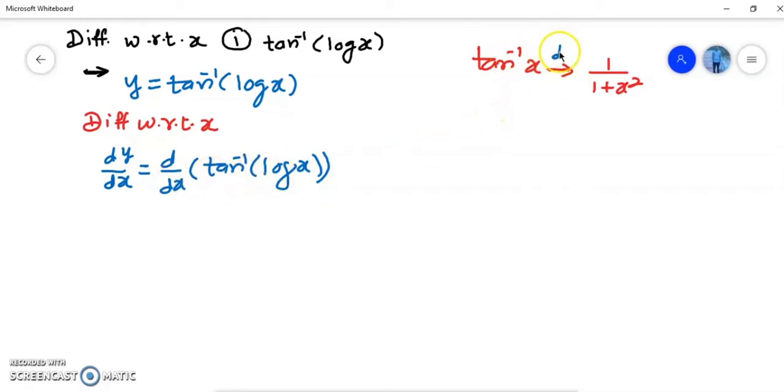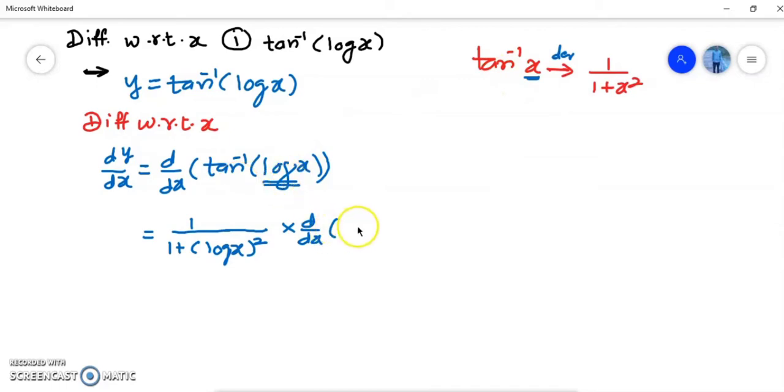The derivative of tan inverse x is 1 upon 1 plus x square. So derivative of tan inverse log of x is 1 upon 1 plus, in place of x we have log of x, so it is just log of x square, and then into, as usual, d by dx of the replacement of x.